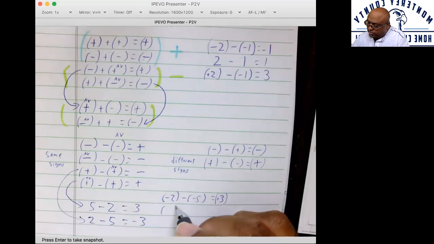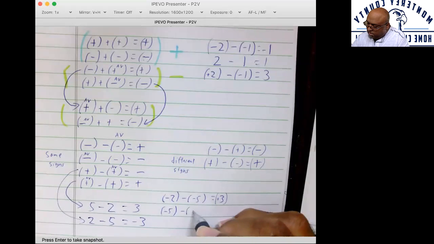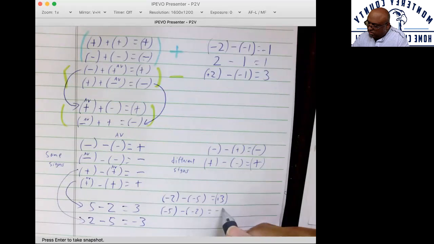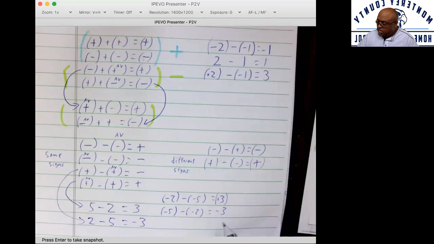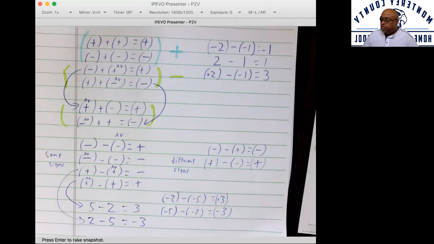Now let's switch the order. Negative 5 minus negative 2 is equal to negative 3. Okay. Now with this one, since my signs are the same, I just do what the signs tell me to do, and that is to subtract. Since I'm subtracting, I end up with a negative answer. Okay.